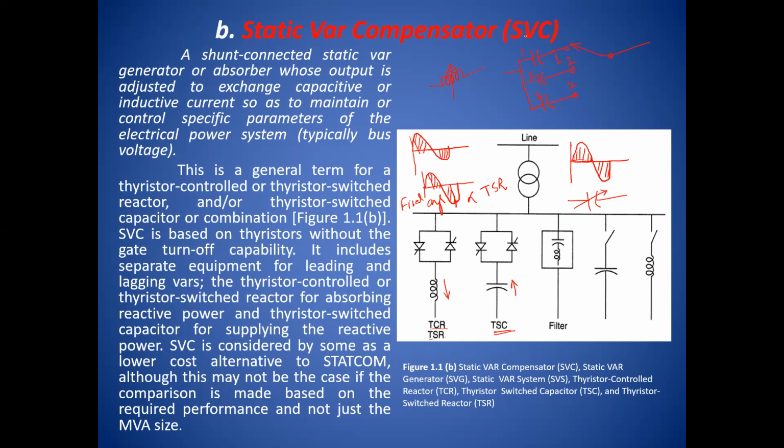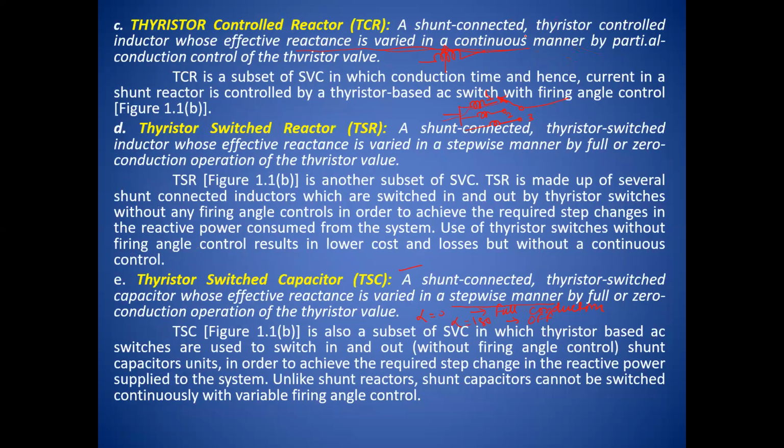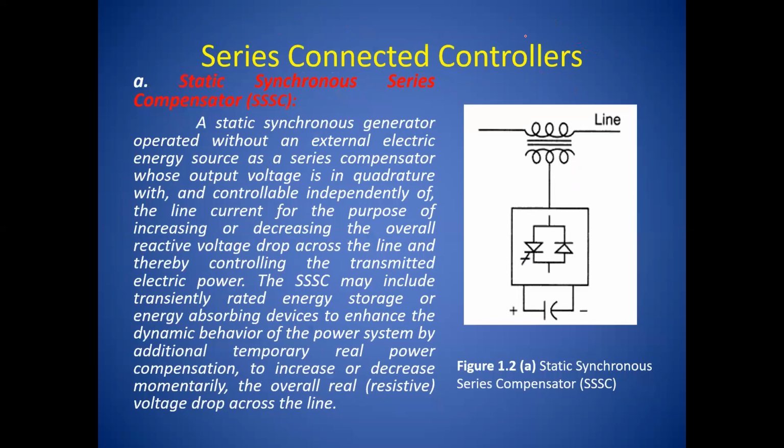Okay. Now the series connected controller. Similar to the shunt controller, there are series controllers. So either we can use series compensation or we can go for shunt compensation. In case of shunt compensation, we have seen the STATCOM.